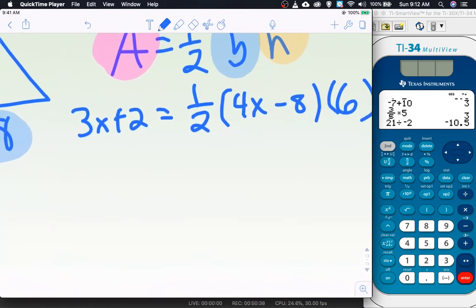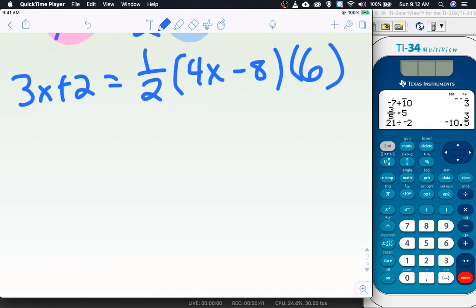Now, what I have is a relatively ugly equation, but it's solvable using all the steps we've learned. We learned all the steps of solving an equation. We just got to combine them all together now into one, fairly ugly looking problem.